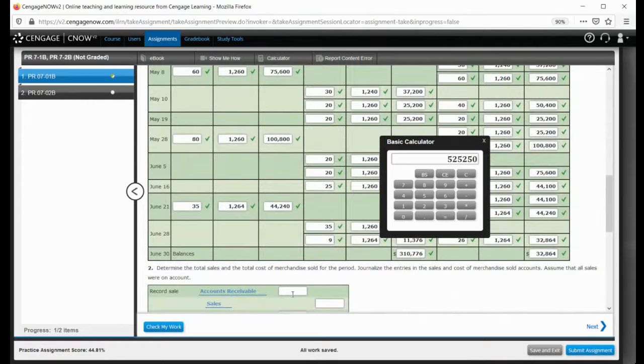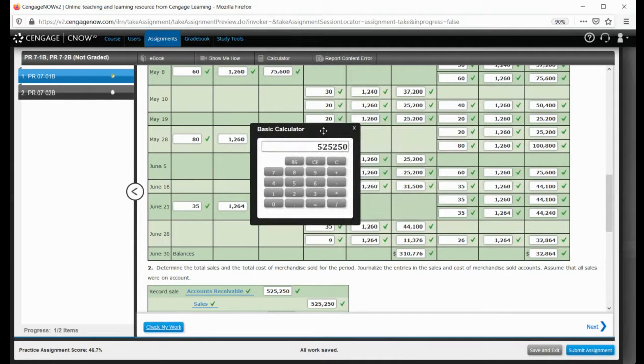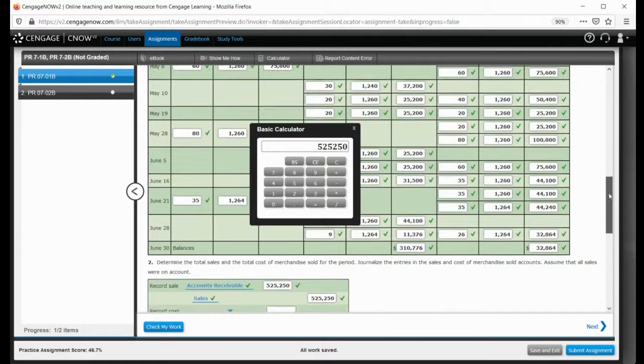So in your journal entry where we're recording the sale, you're going to be putting the amounts in, and I'm going to check my work just to make sure my math is correct, and it is.